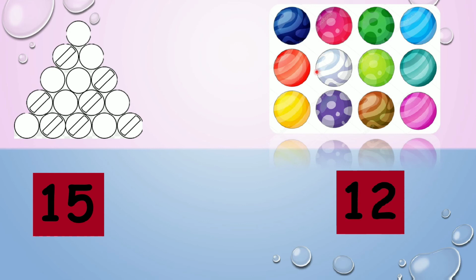But before we get into this example, we are gonna first count to see how many marbles there are. Are they 15? Are these 12? Let's find out. We can count together with the teacher. Let's start from top to bottom.